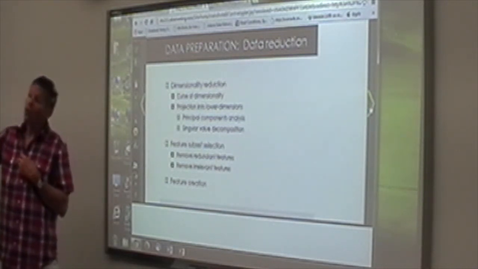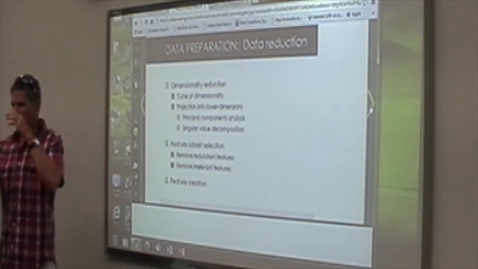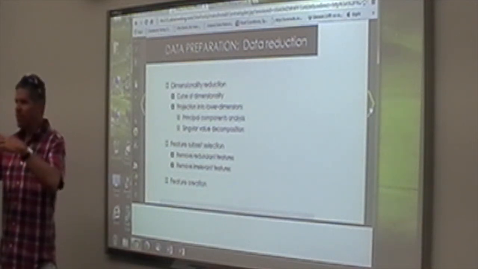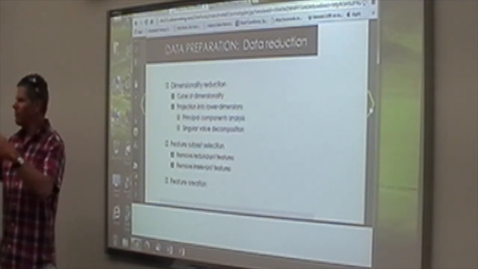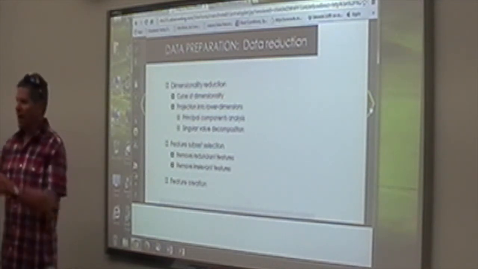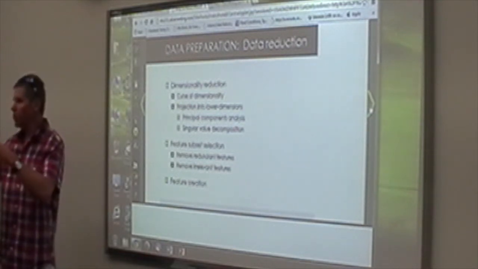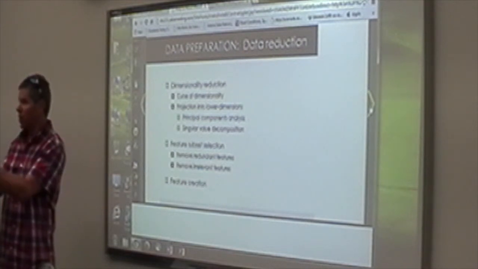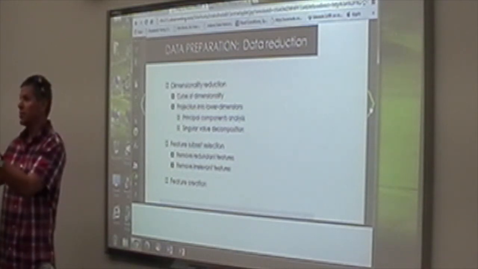Or another option, you've heard of wind chill. Instead of temperature and wind, you can combine temperature and wind as your wind chill measure. So now you've reduced it by one, right?